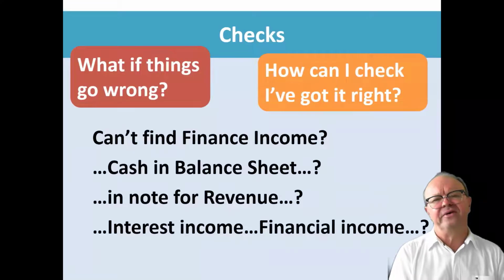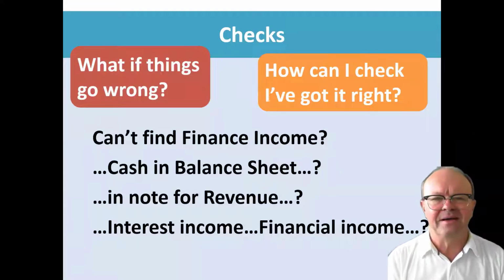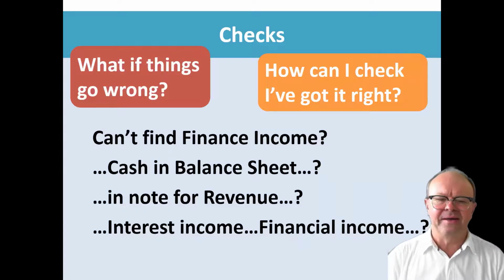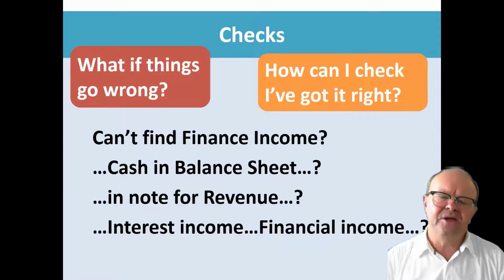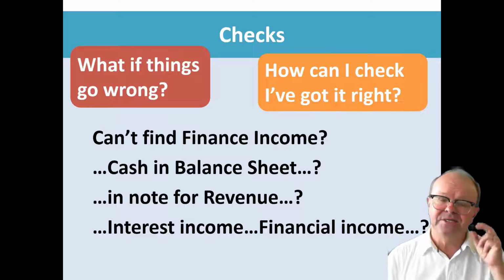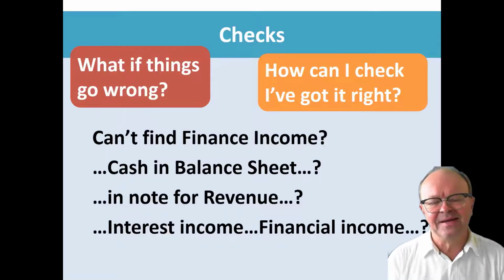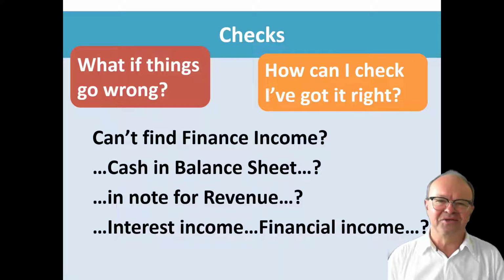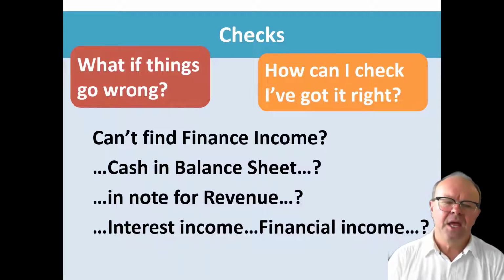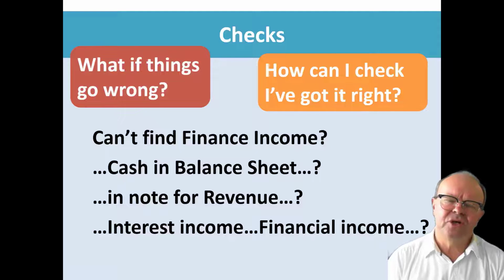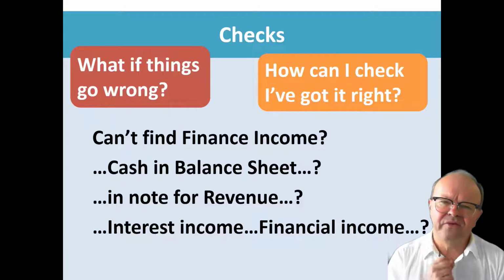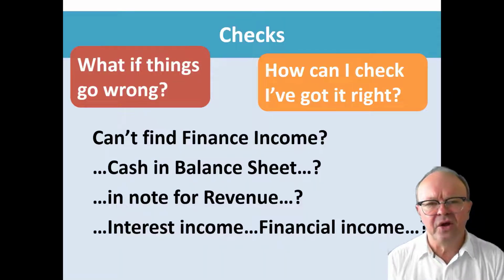But what if you can't find your finance income? Some people go, well, wait a second, I haven't got any. If you've got some cash in your balance sheet, you will definitely have finance income, because you'll have earned some interest on it. And if you haven't got finance income shown separately, have a look at revenue and see if there's a little note next to it.